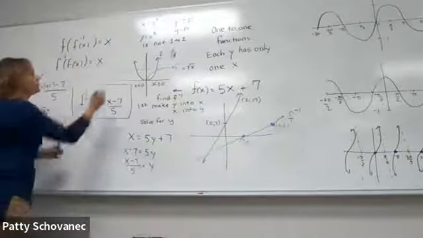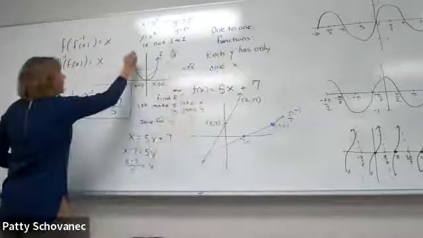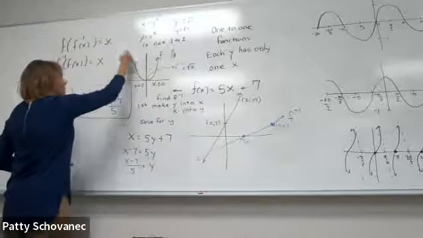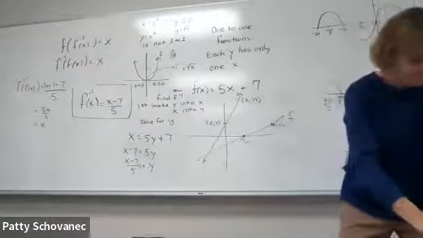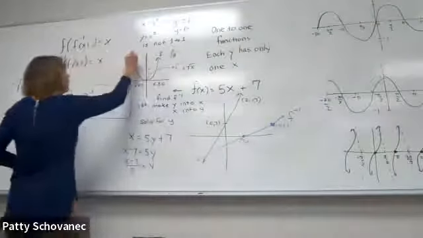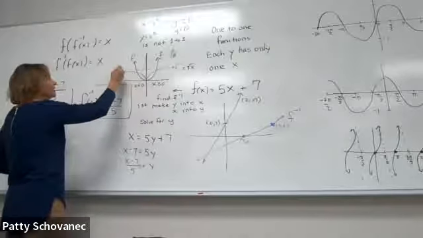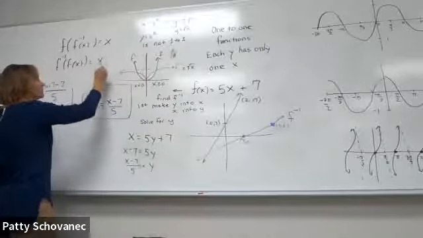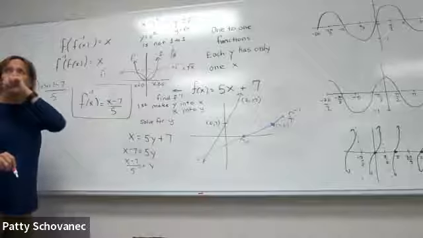What do you think for this piece? If I call this one f. Uh-oh, that was not good to leave the top off. What do you think the inverse would look like for this half? What's the equation for here? x squared.